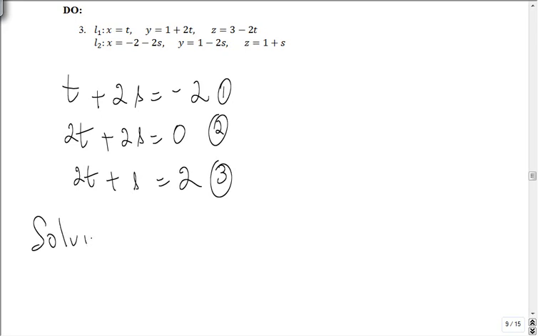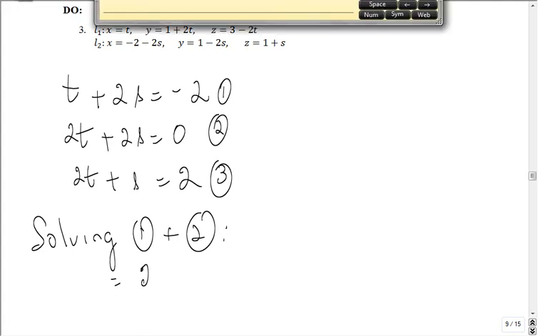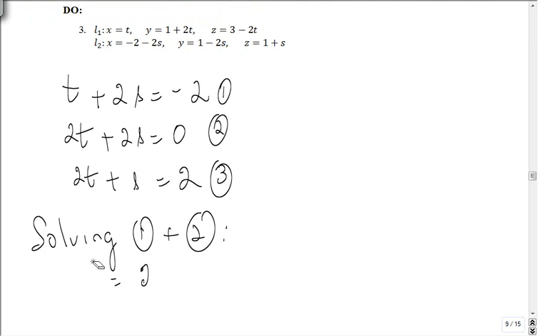When I solve 1 and 2, you should get t equals 2 and s is negative 2.